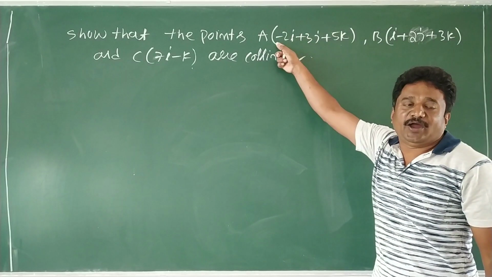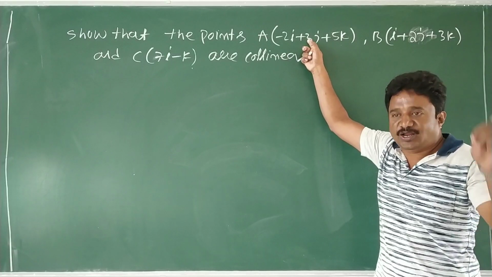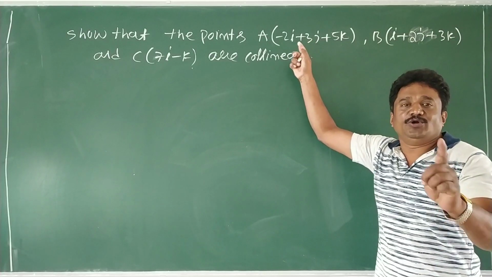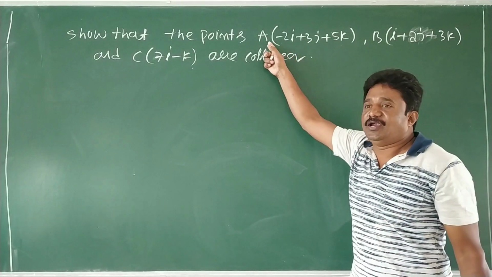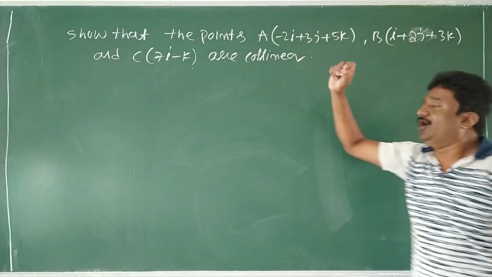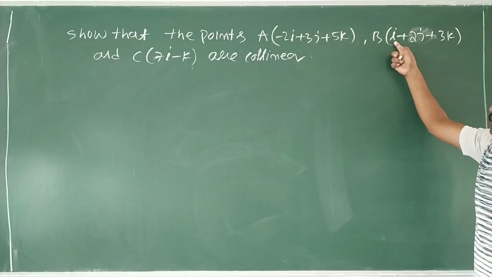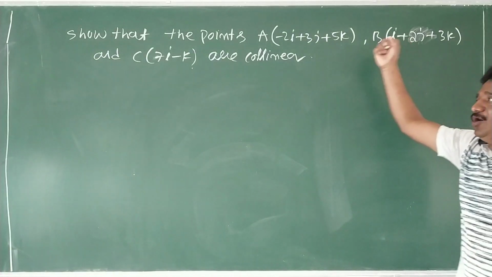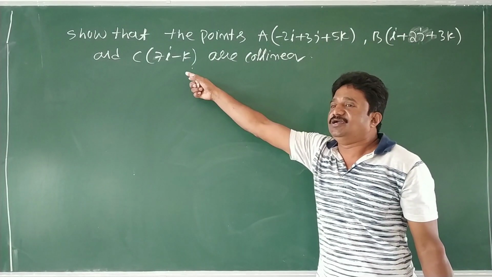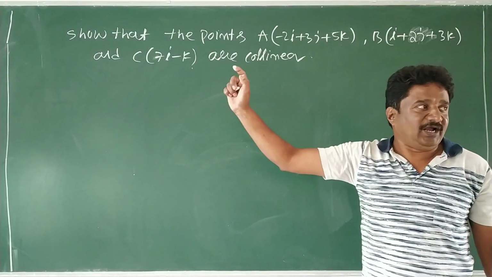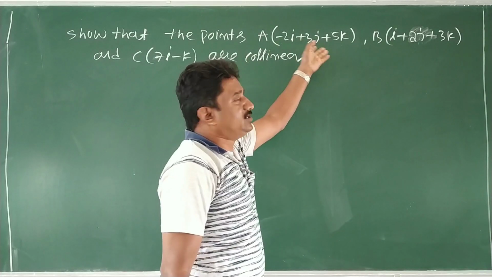Point A means vector OA, point B means vector OB, point C means vector OC.